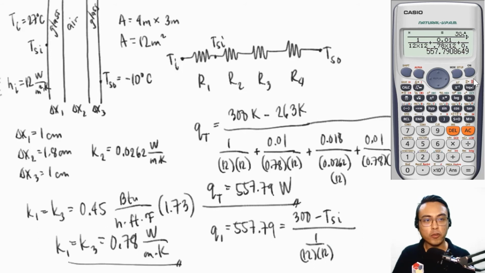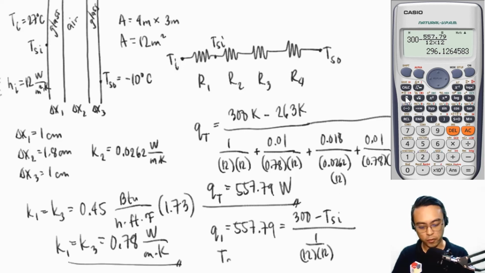From here, we can solve for Tsi, that is 300 minus 557.79 over 12 times 12. So the surface temperature of the inner glass layer is equal to 296 Kelvin.